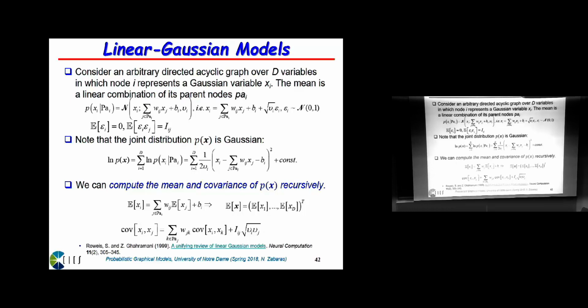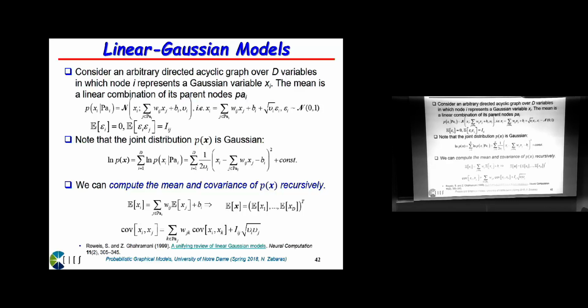Nothing fancy. Now, the covariance is a little bit more complicated. It is given by a similar expression. These coefficients wjk, where k are the parents, I have to use a k here because there's an i and a j there. So wjk times the covariance of xi with xk, where k are the parents of j. And then there is an extra term that is a delta function, equal to 1 if i and j are equal, otherwise 0, times square root of vi vj.